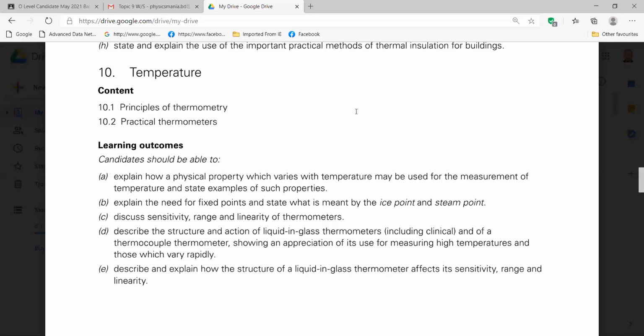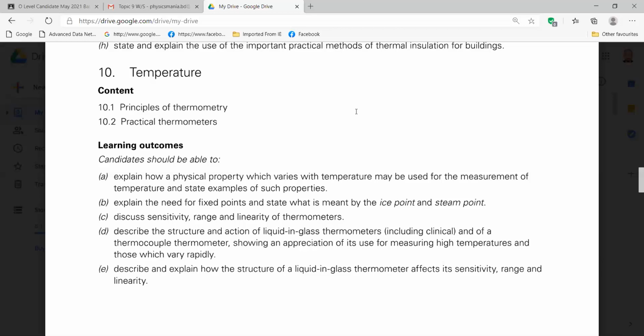So you give hyphen, then you write it is the temperature of boiling water.